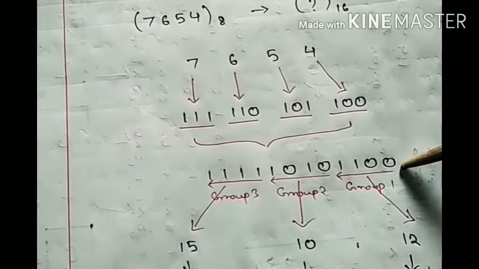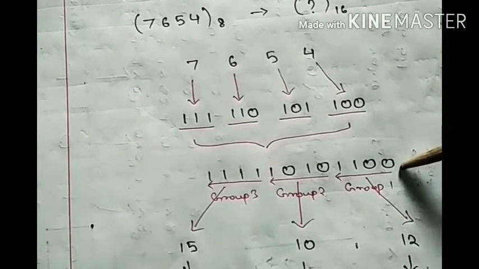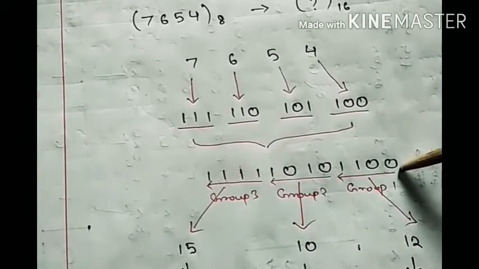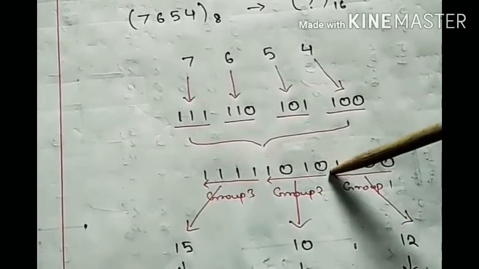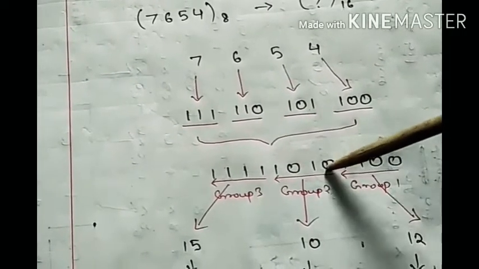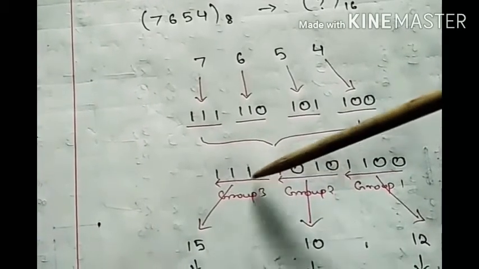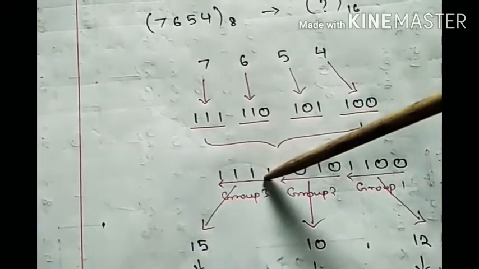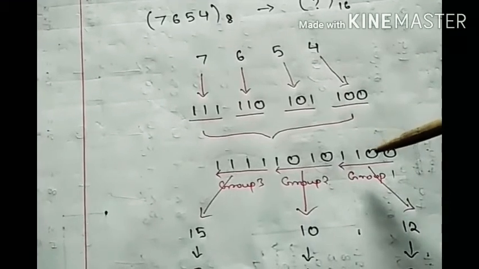Starting from the LSB, we take groups of 4 bits: 1, 2, 3, 4. Group 1, group 2, group 3. So 3 groups are possible here.